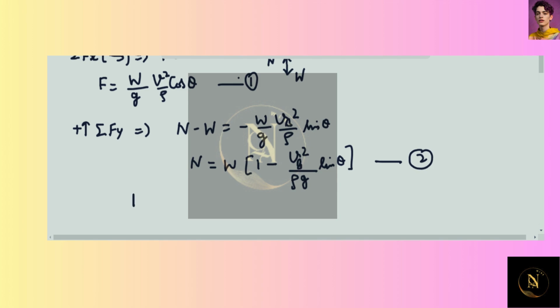Maximum friction may be mu s into N. So it would be mu s W into 1 minus square of speed upon rho into g sine of theta.